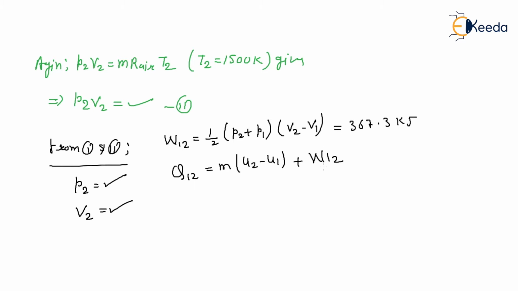So you have W but you don't have U2 minus U1. But now this is very important, I'm telling you.